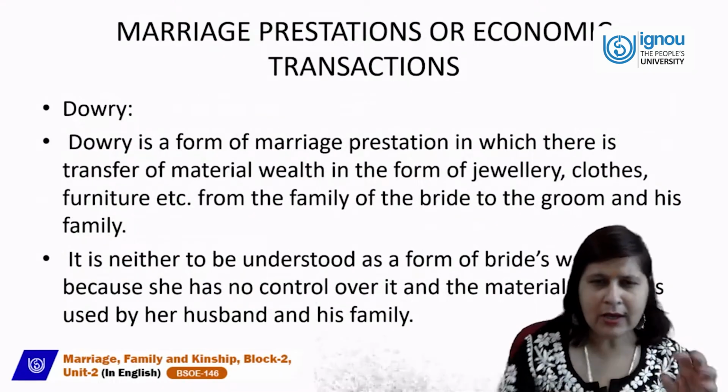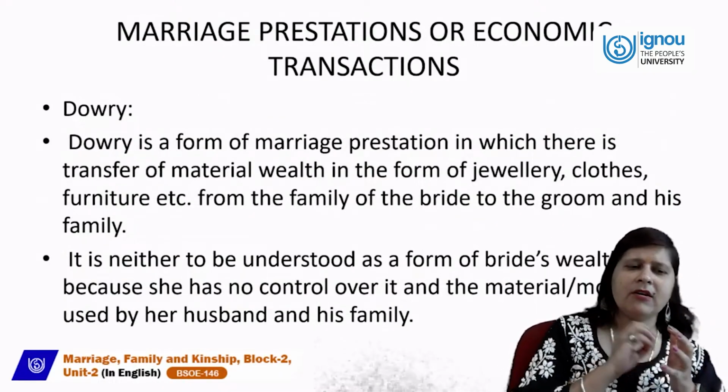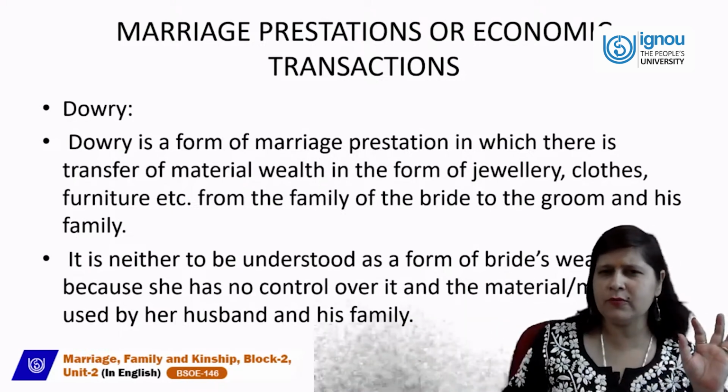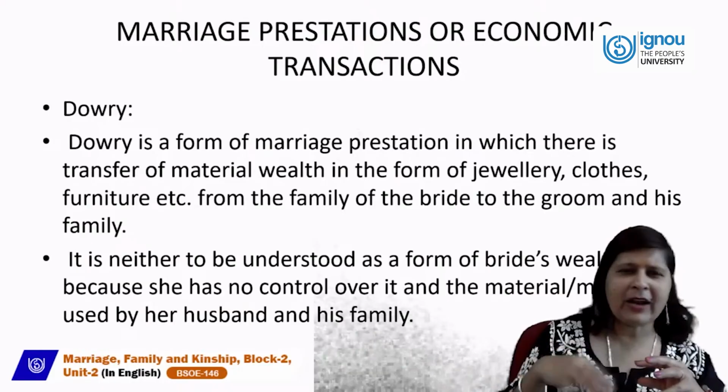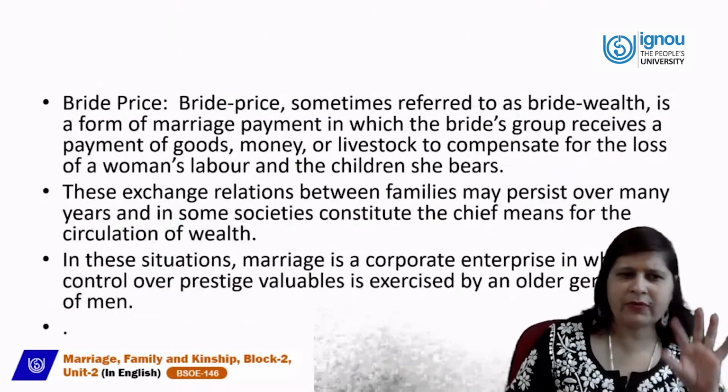One term is dowry. These are the presents in the form of jewelry, clothes, or furniture given by the bride's family to the groom's family, and the bride has no control over this.